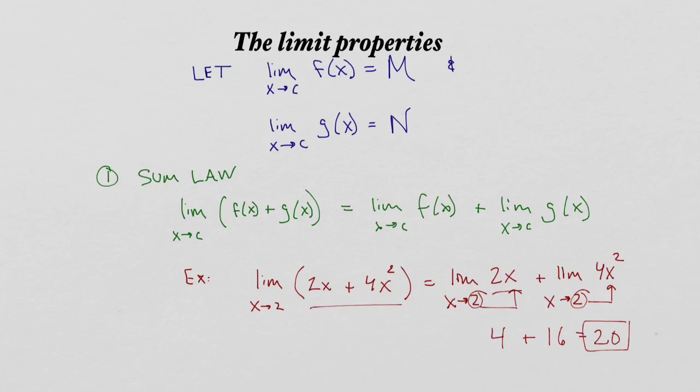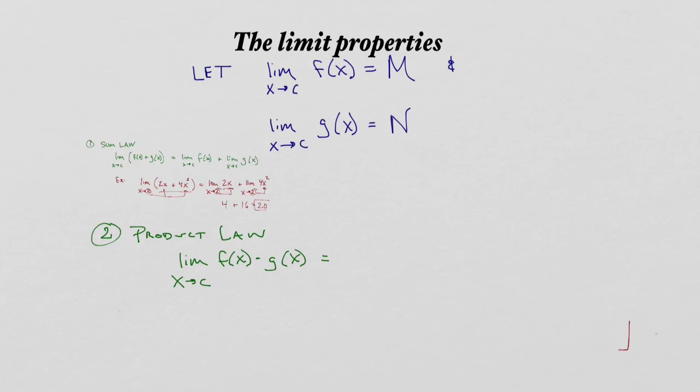So I can still solve this by simply taking 2 and plugging it in and getting the same answer of 20. So I show you this not necessarily as a shortcut, but simply as an observable truth, an observable property regarding limits that you should be aware of.